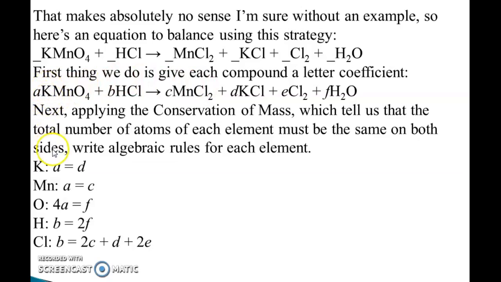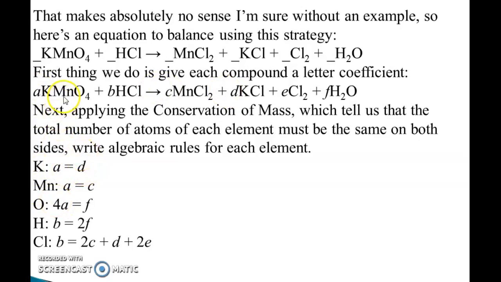So we write K, and on the reactant side along with K, a is there, and on the product side along with K, d is there. So we make a equal to d. K is a single atom here and also a single atom there. So a gets multiplied by K and d gets multiplied by K. So it becomes a = d.